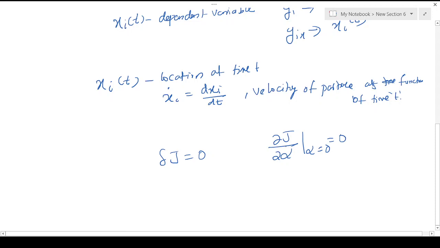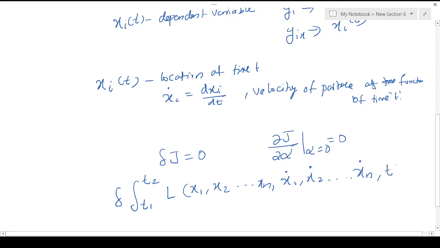That is the mathematical statement of Hamilton's principle. So del J equal to 0 means delta of the integral from t1 to t2 of L of x1, x2 up to xn, x1 dot, x2 dot up to xn dot, comma t, dt equal to 0.